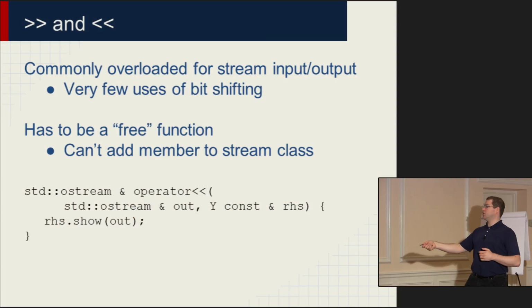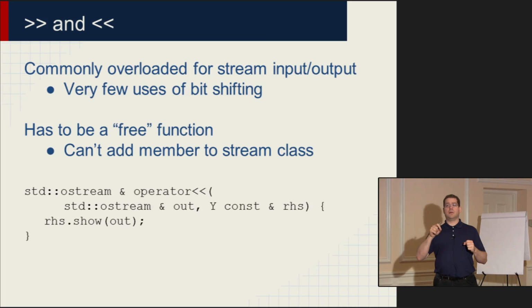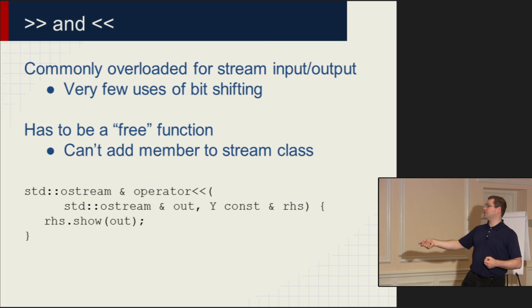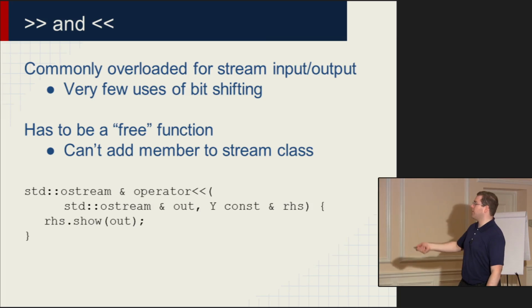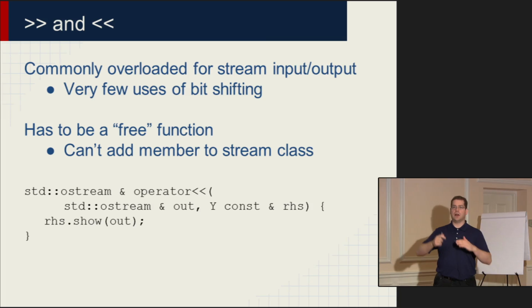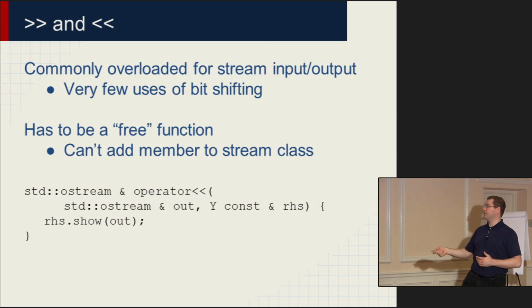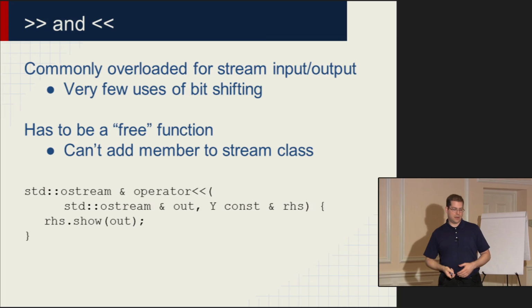So the show method is a member function of the object that you're trying to output. It therefore has access to the private variables. So we call the show function on the output stream, and then this would take care of outputting all the details about the private member data of the object. So this is a very common signature that you'll see. You'll have your class definition, and then at the bottom of the header file, you'll have something like this.